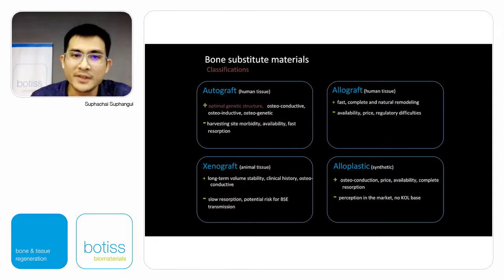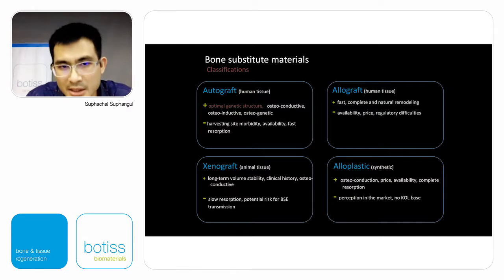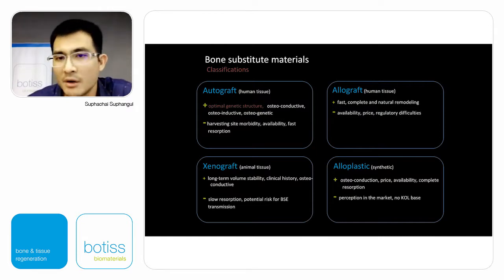In the Autograft, the human tissue I refer to has an optimal genetic structure. It has all of the properties, but the disadvantage is that you have to harvest it, which increases morbidity and the surgical time. How about the Allograft? The Allograft is very fast because it comes from a bottle. You don't need to harvest from the oral cavity.